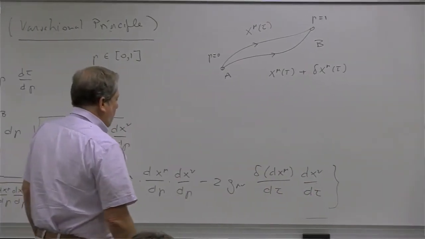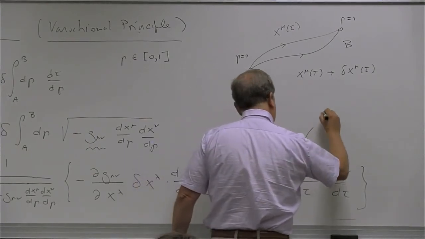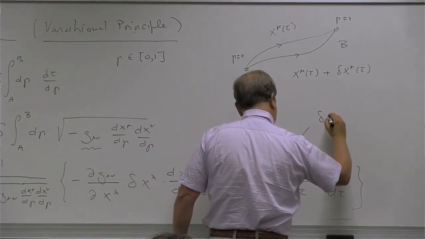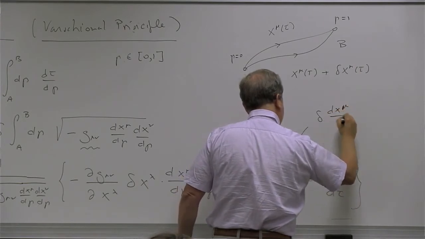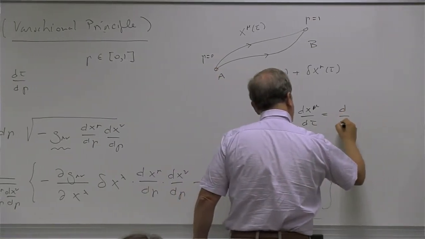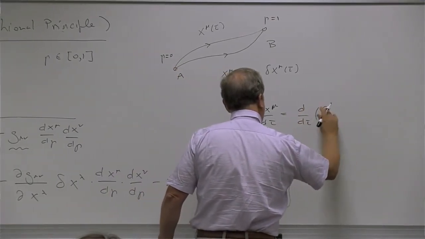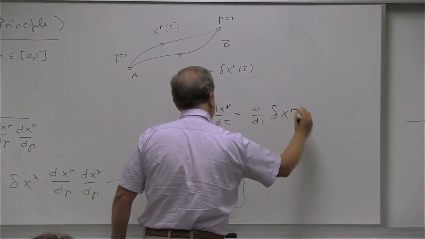And now what we can do here is that the variation of dx mu by d tau is the same as d by d tau of the variation of dx mu.